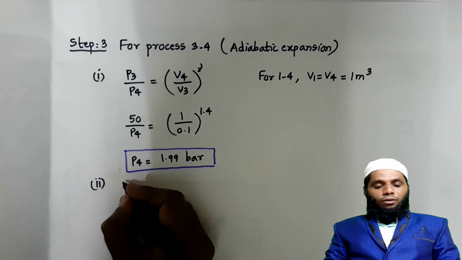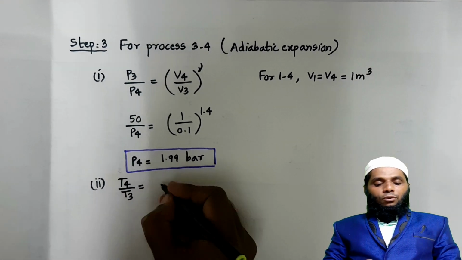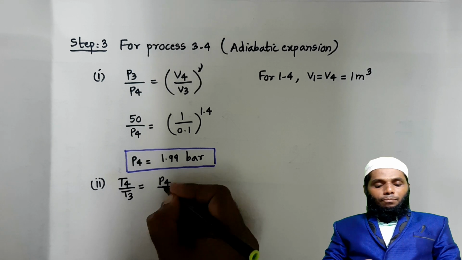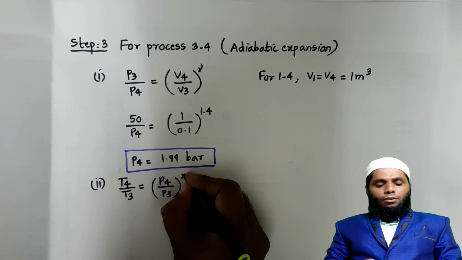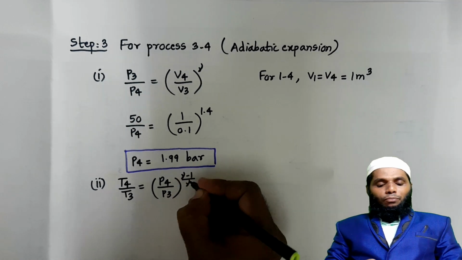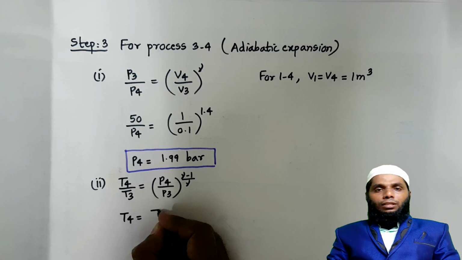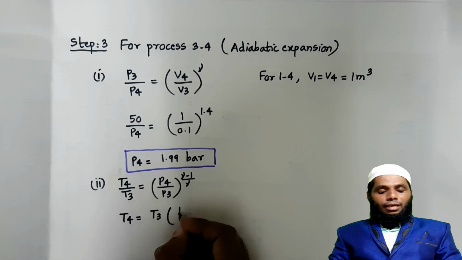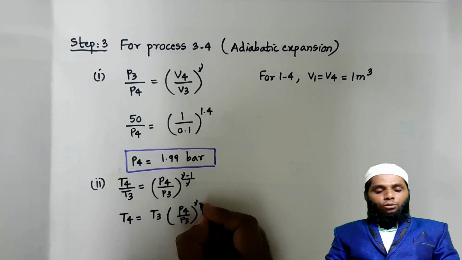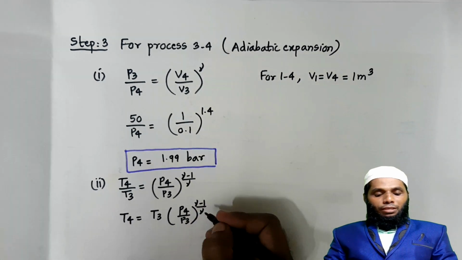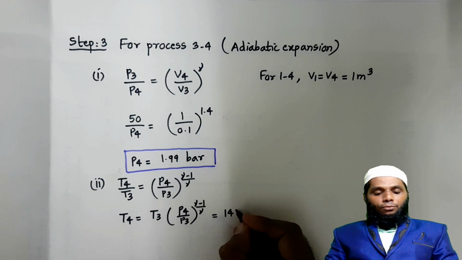So point number 4 gives the pressure value 1.99 bar. Next is T4 by T3 is equal to (P4 upon P3) raised to power (gamma minus 1) upon gamma. So we'll substitute all the values: P4, then P3, then T3 temperature and gamma value.